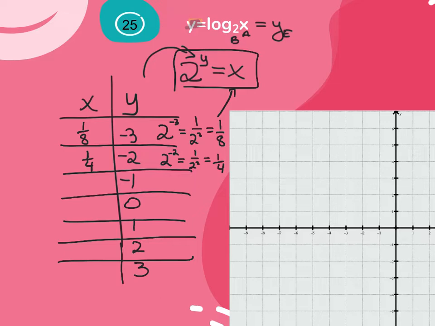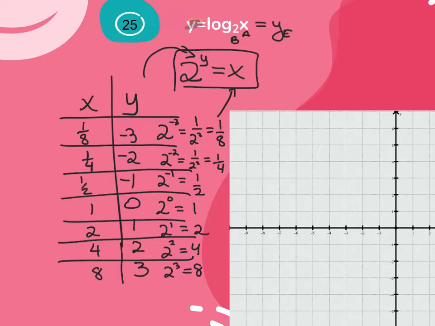Then I'm going to plug in -1 for y, and I get 1/2. Then I'm going to plug in a 0. Anything to the 0 power is 1. Then I'm going to plug in +1, and I get 2. +2, and I get 4. +3, and I get 8.